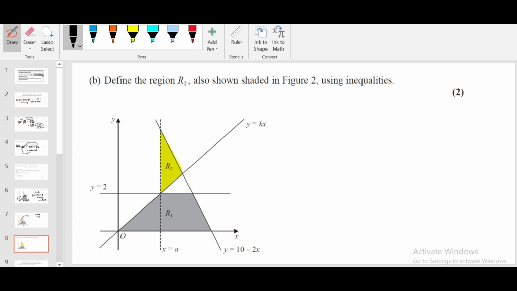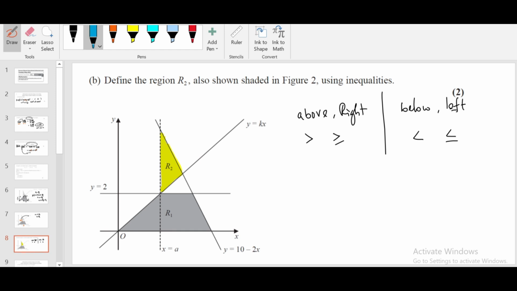When it's shaded above or right hand side, you use greater than or equal to. If it's shaded below or left hand side of the line, you use less than or equal to. This one is for a solid line, this for a dotted line.